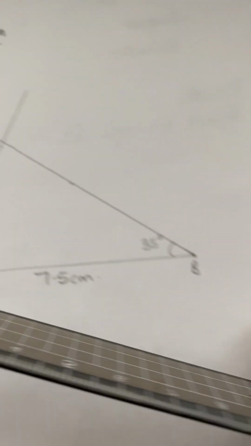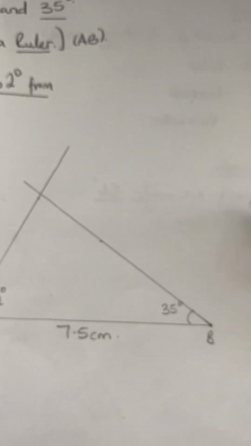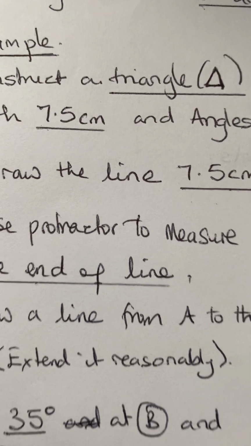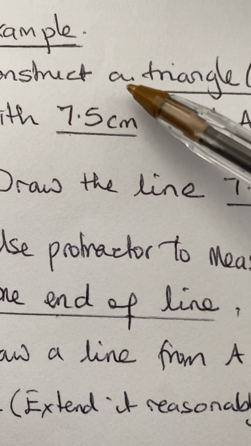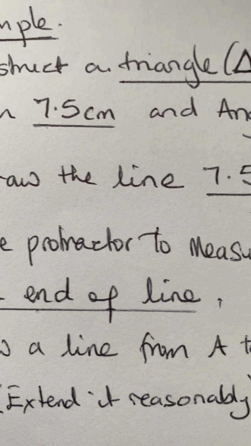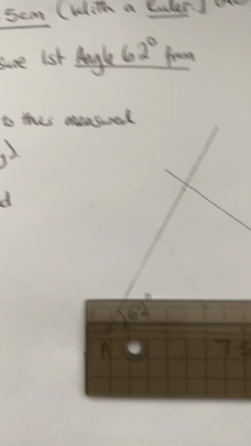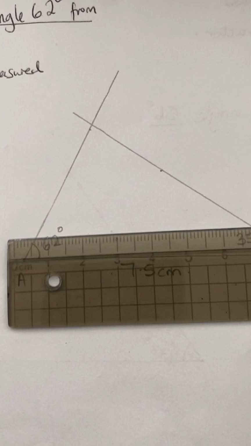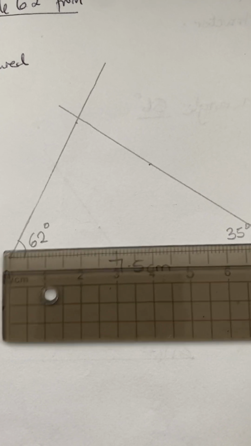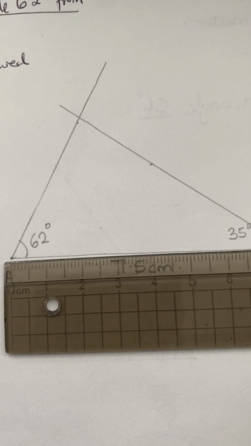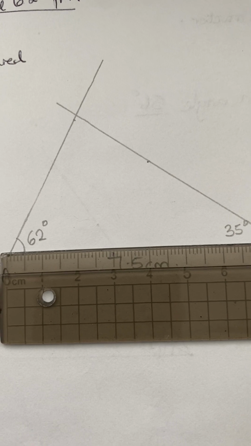So first of all, I'm going to measure this length, 7.5 centimeters. Okay, I've always told you that you use what you've given to get what you don't know. Okay, so 7.5 centimeters there.